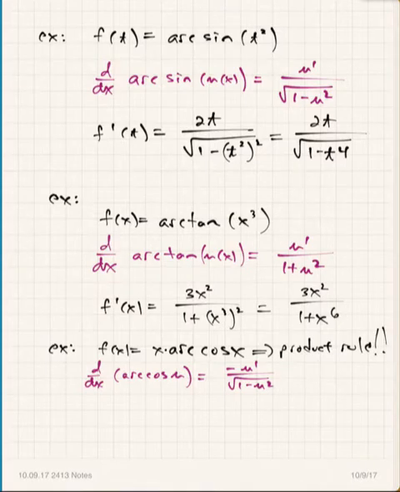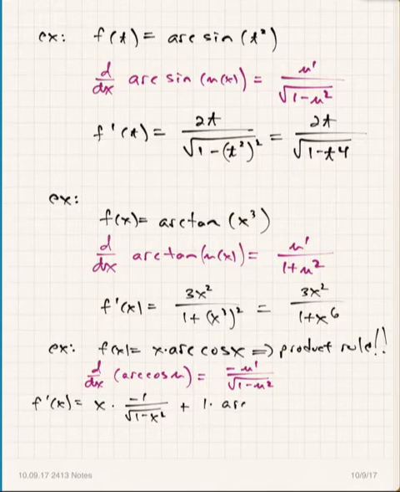All right, so our derivative, in this case, f prime of x, product rule would be the first factor times the derivative of the second factor. So the derivative of arc cosine of x would be negative 1 over the square root of 1 minus x squared. And then that would be plus the second factor times the derivative of the first, but the derivative of the first is just 1.